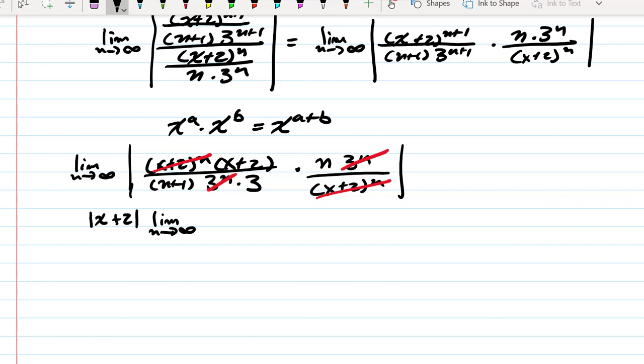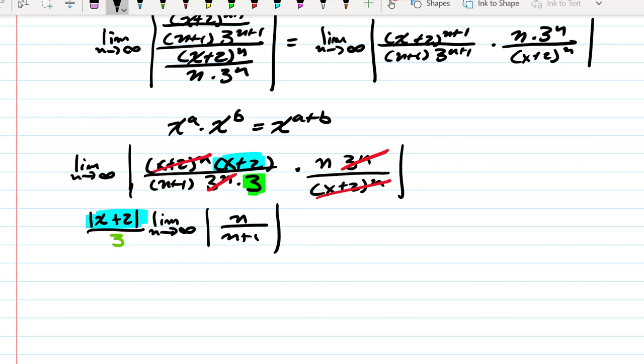We pulled this guy out in front of our limit, and then we have a constant 3 in the bottom. It can get pulled out in front. And our limit only depends on n, so that leaves us with n over n plus 1.